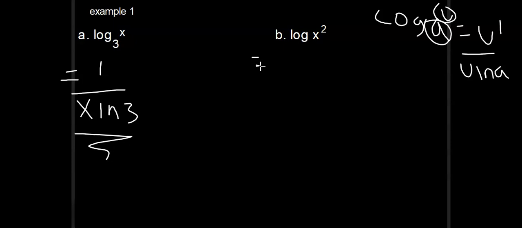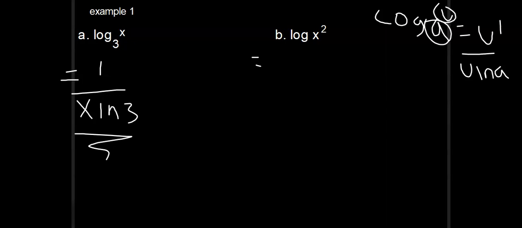I want you to memorize this all the time. For example, if it is log x, the value of a is going to be 10. So all the time you have to use 10 when you don't have a. With that being said, let's do it.